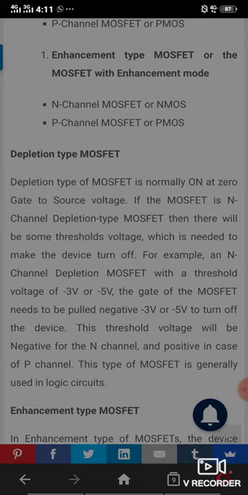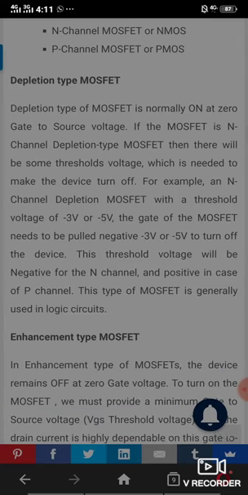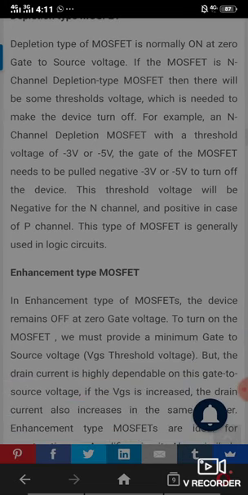Enhancement type MOSFET. In an enhancement type MOSFET, the device remains off at zero gate voltage. To turn on the MOSFET, we must provide a minimum gate to source voltage, and the drain current is highly dependent on this gate to source voltage.